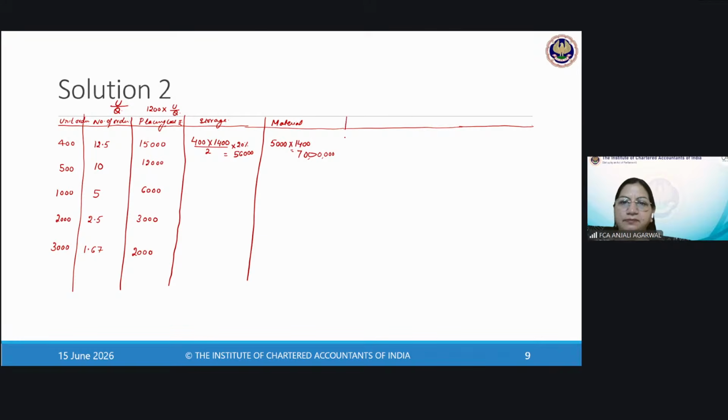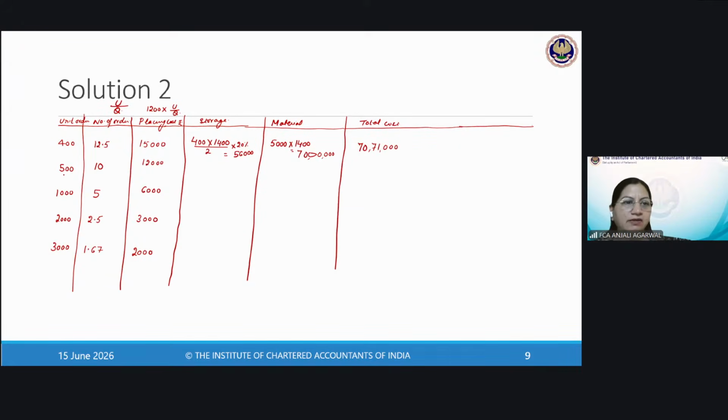Right? So your total cost would be 70 lakhs, 56,000 plus 15,000. So 70 lakh, 71,000.